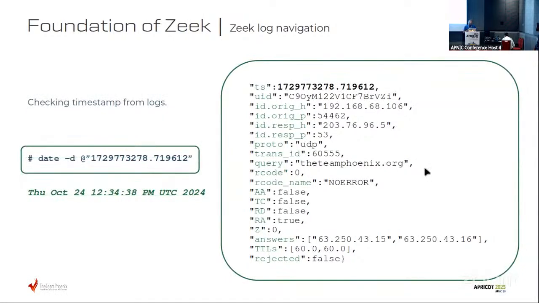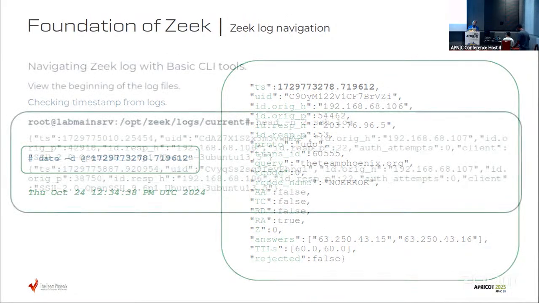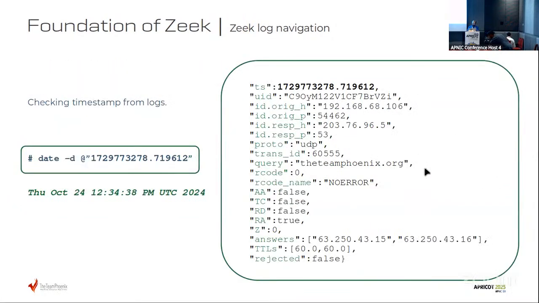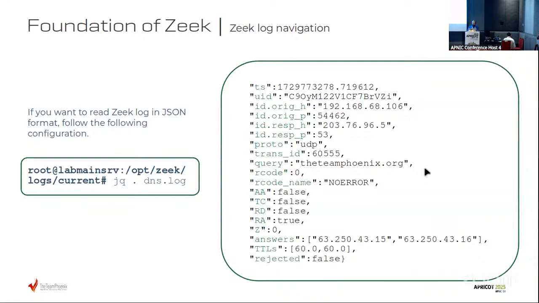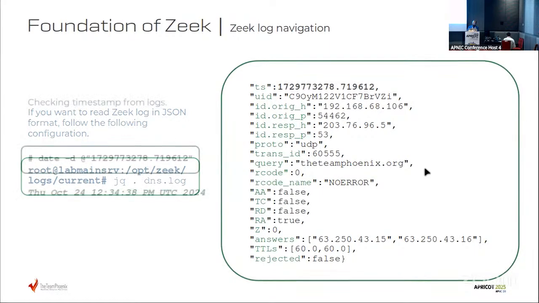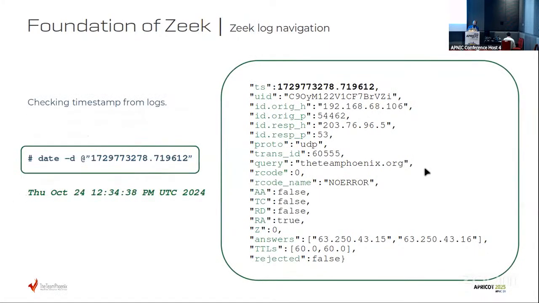Then this particular slide is basically showing us the timestamp information. As you can see, here the timestamp doesn't have a human representation, but when I execute the command date space minus d at the rate, then I took that format from the timestamp string, and it gives me Thursday, October 24th, 12:30 p.m. UTC 2024.